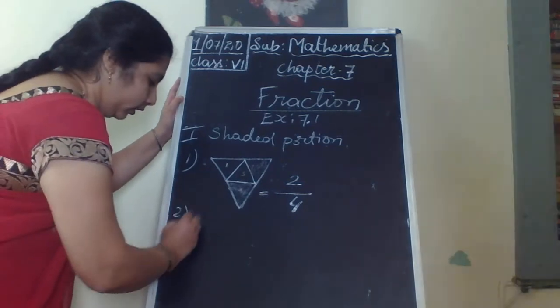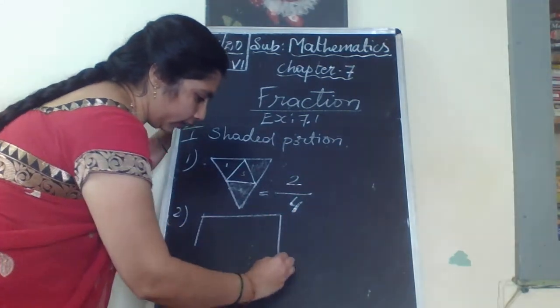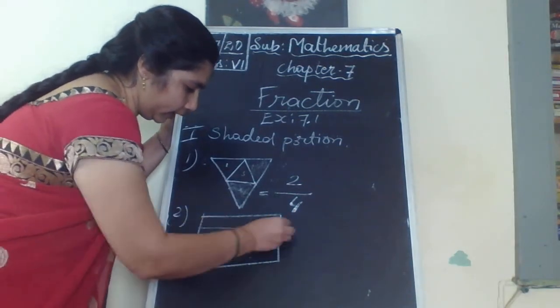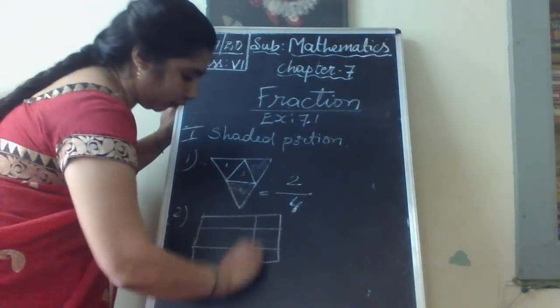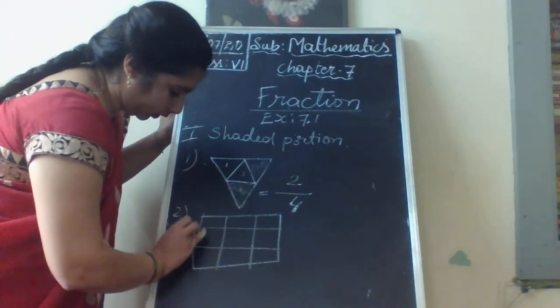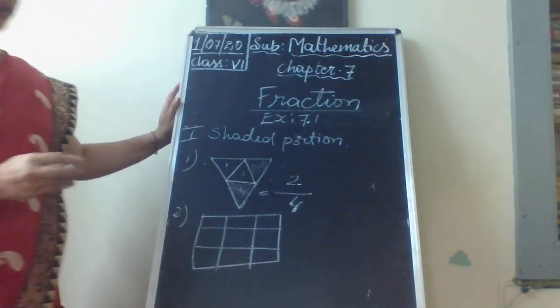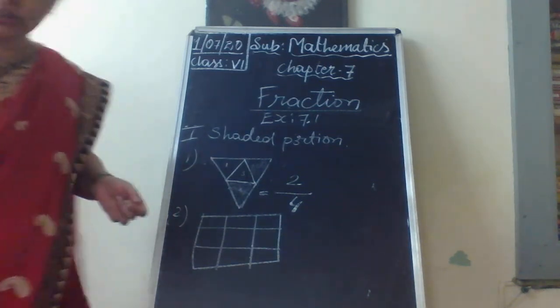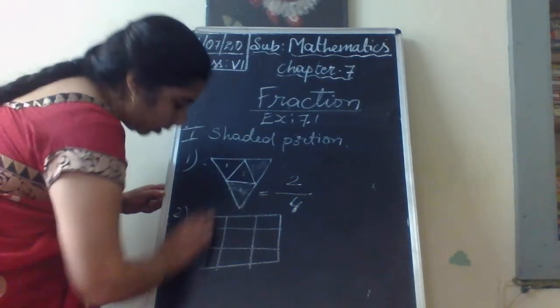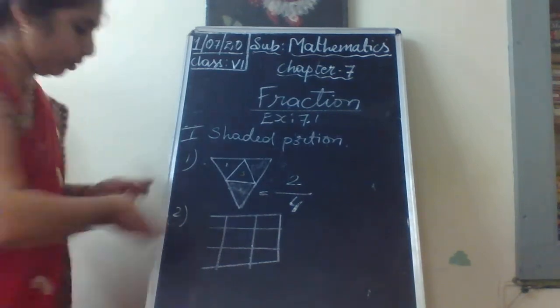Next, the second one. See here, in this figure, there are 9 equal parts. Why I am stressing on equal parts is, if any whole thing is not divided into equal parts, then it will not be a fraction. For a fraction, the whole thing or the whole group should be divided into equal parts.